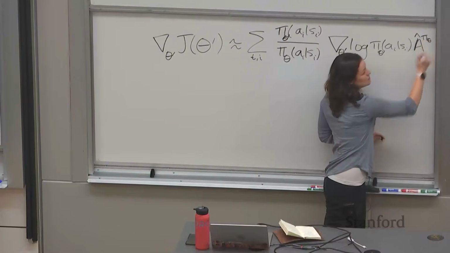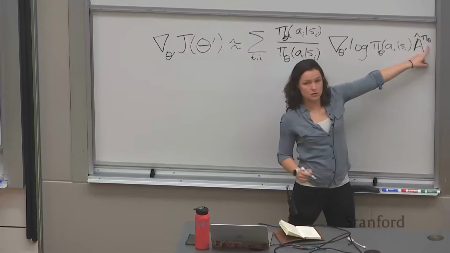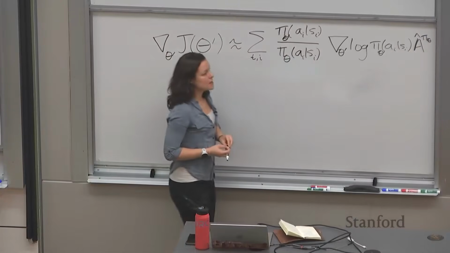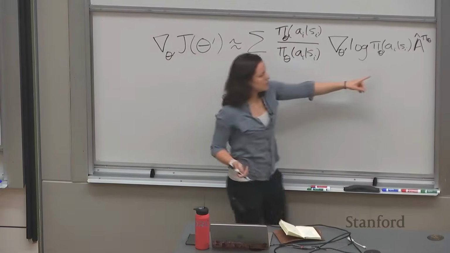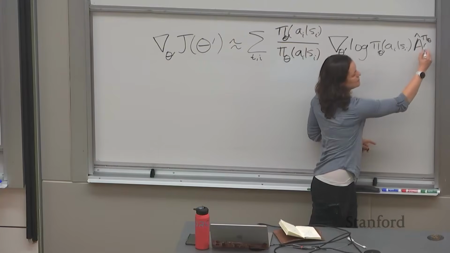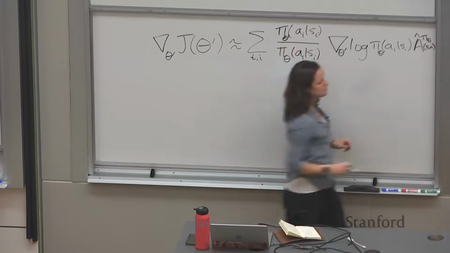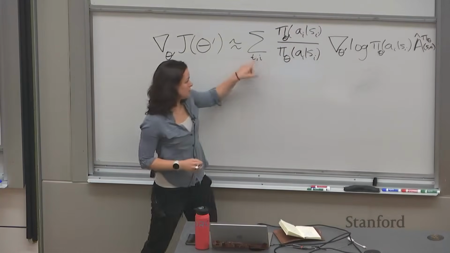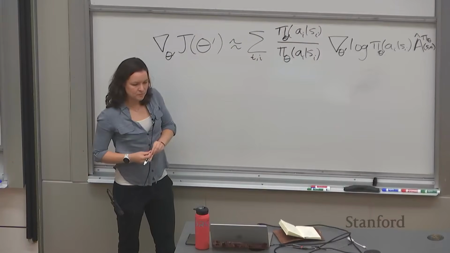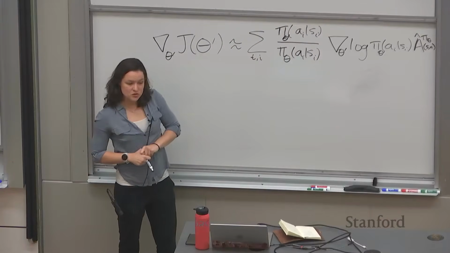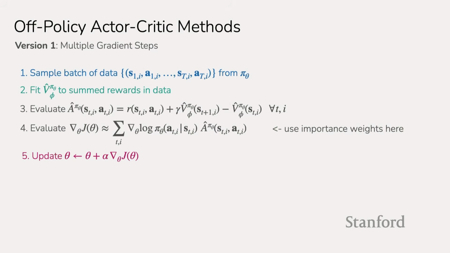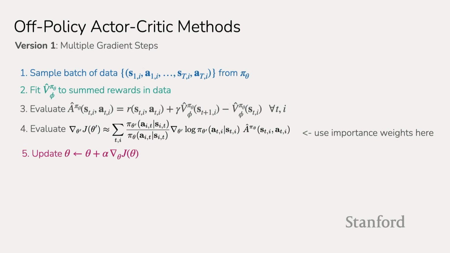This advantage estimate will still be for the policy before taking a gradient step, pi theta, and this will be for a given S and A pair, for the SA pair here. Okay, so this is our new gradient. Now, in principle, this means that we can take multiple gradient steps.